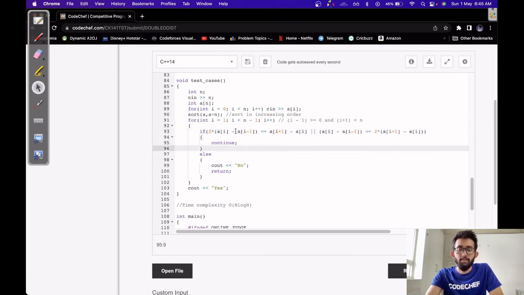And if one of them holds, we continue, else we print no, and then we break our loop. The loop is from I equal to 1 till I less than n minus 1 because we are dealing with A[i-1] and A[i+1]. So I minus 1 should be greater than or equal to 0 and I plus 1 should be less than n. Hence this loop.